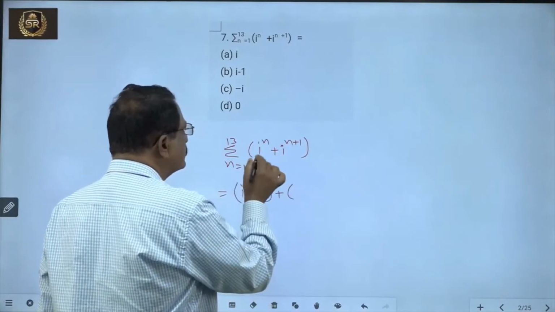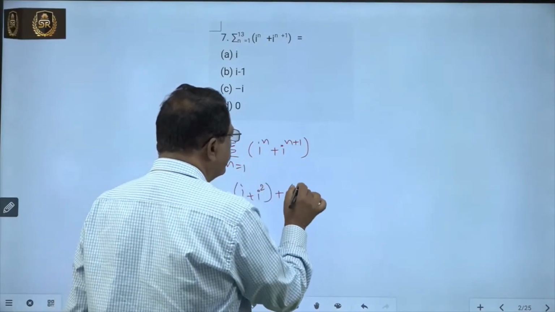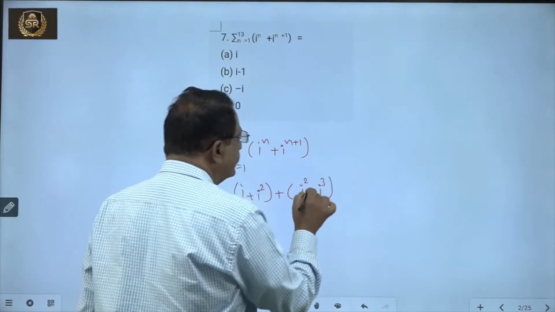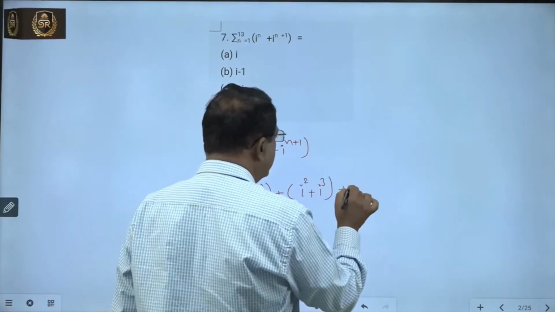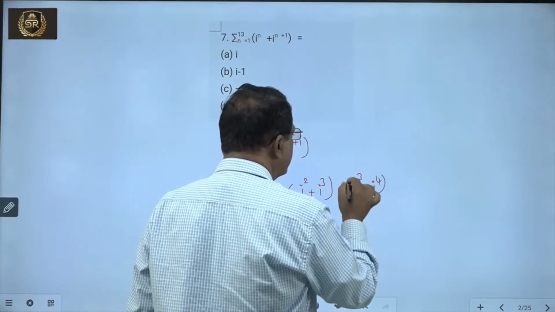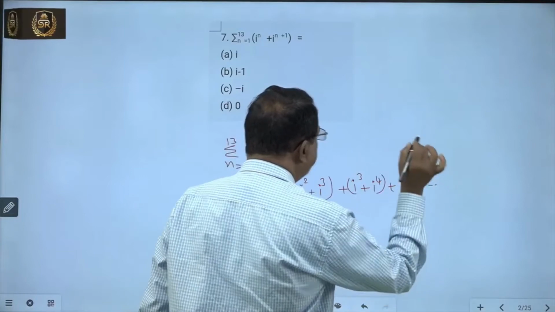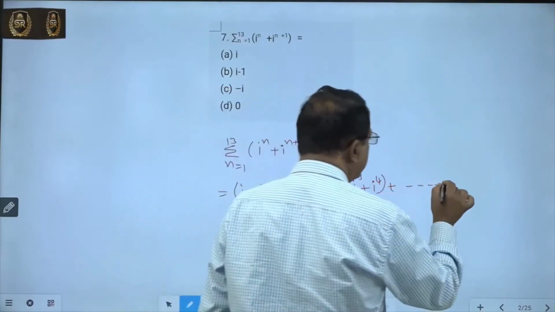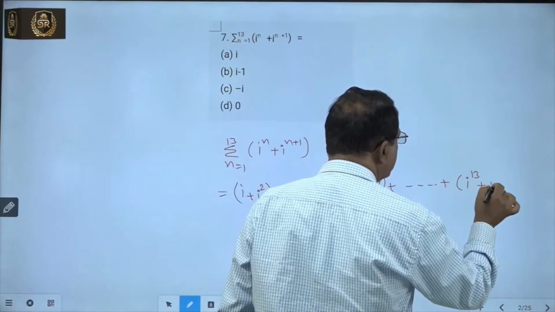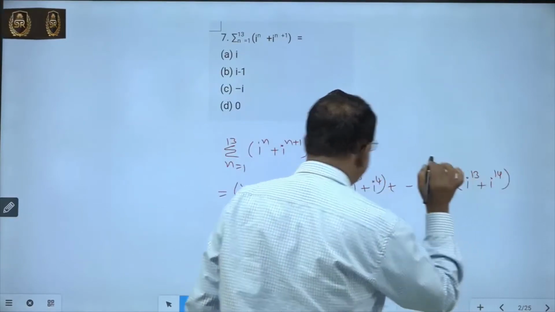For n equals 2: i square plus i cube. Next n equals 3: i cube plus i to the power of 4, and so on, up to n equals 13: i to the power of 13 plus i to the power of 14.